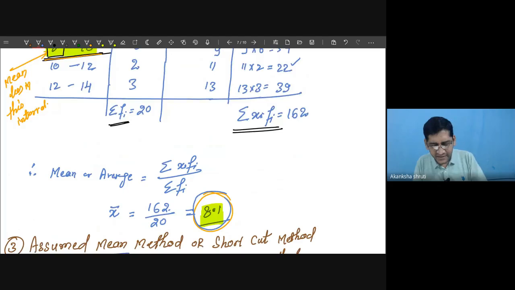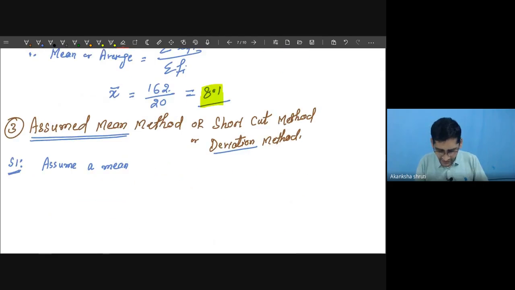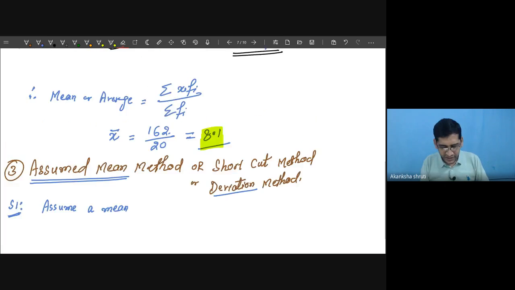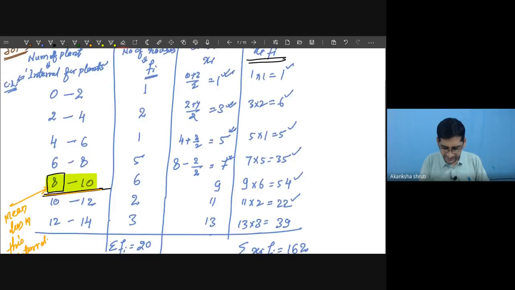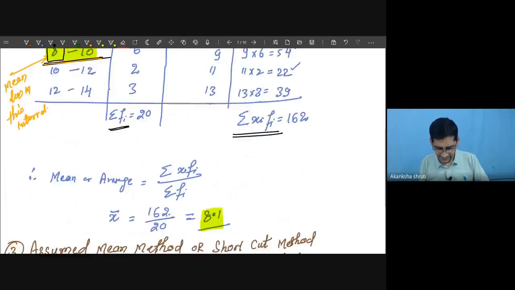So it is advised that you assume a mean. Which mean? The mean or average as one of the limits of any class interval. You are free to choose any class interval, but the better habit is to choose the class interval which is nearly in between. Getting? Which is in between.